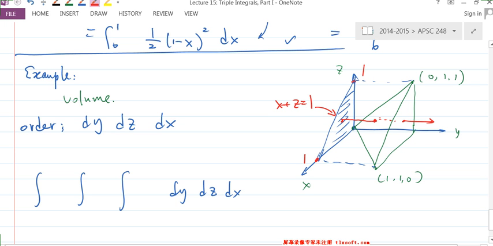So first contact gives us the y min, and second contact gives us the y max. So one of them is pretty simple. Y max, right? What's y max? It's 1.